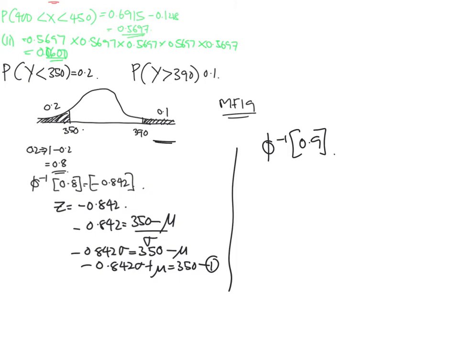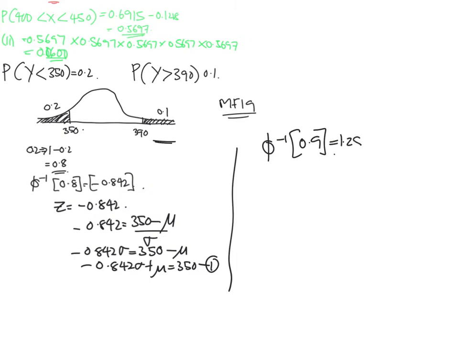We can use 0.1 if we have a table value for 0.1, but since we don't have that, I'm just going to find 0.9 and use the same value, because it's just the area towards the left.